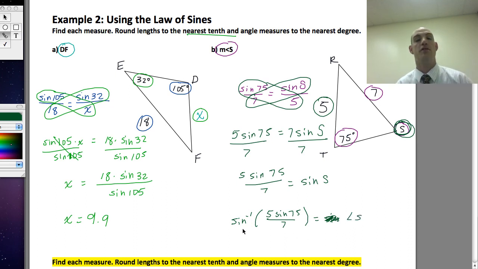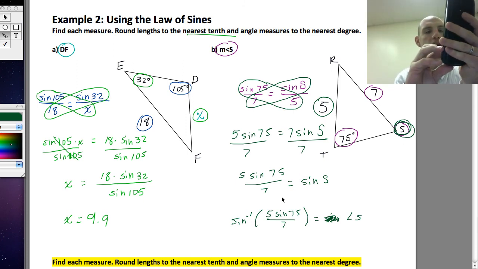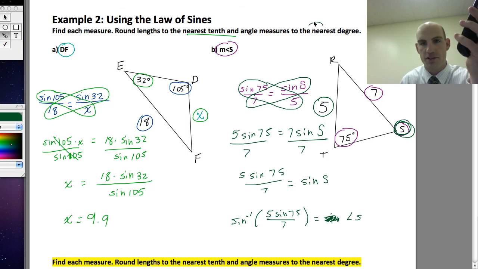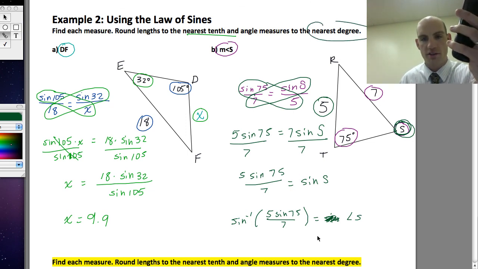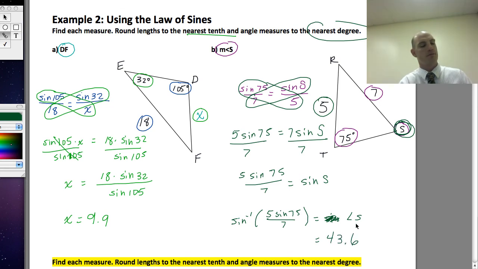And remember, if I do the sine inverse, that's going to give me the angle. So when I find that decimal, I'm going to do the sine inverse of second answer, and that's going to give me the nearest degree. So that's going to be equal to 43.6. Okay, you've seen how I've done this twice. I found one side length and one angle measure. If I'm going to be finding the angle, chances are I'm going to be using inverse ratios.